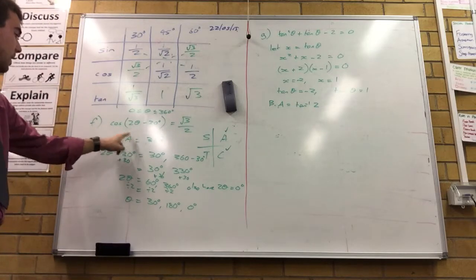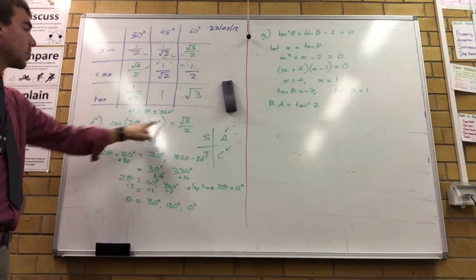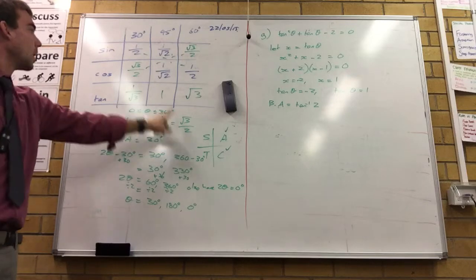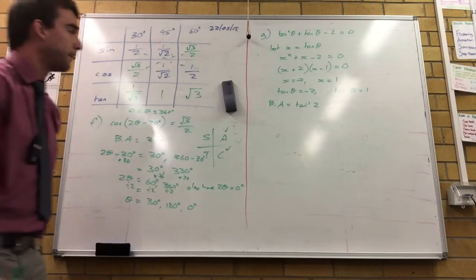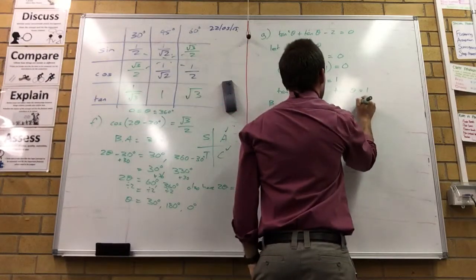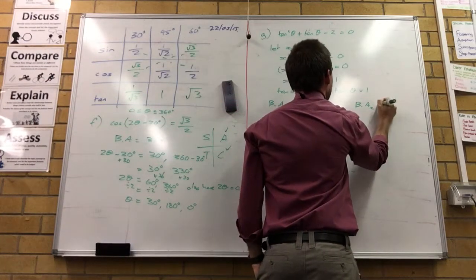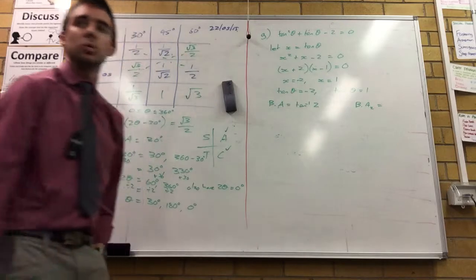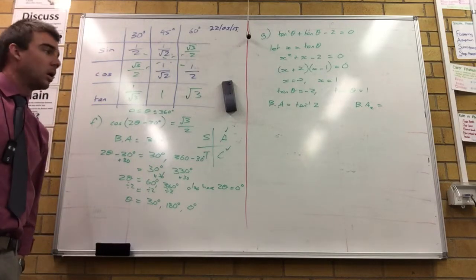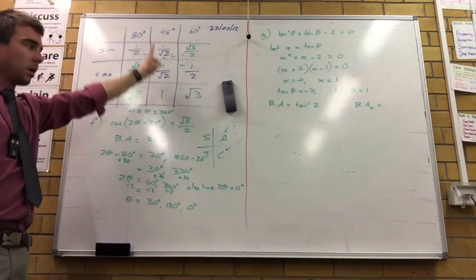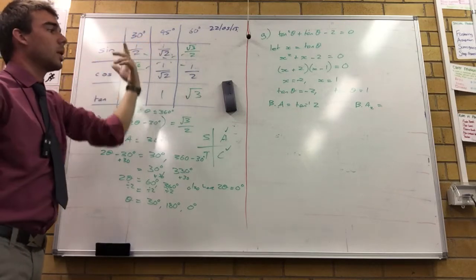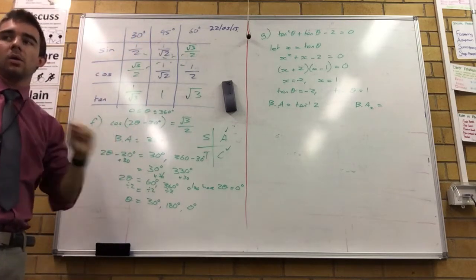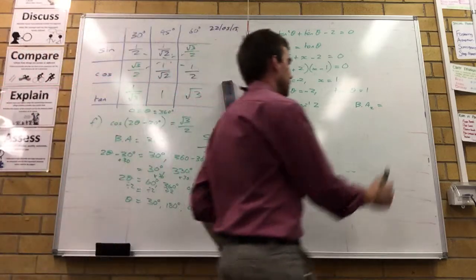When we worked out the basic angle here, we did a cos inverse of root 3 over 2, and we got 30 degrees. Over here, the basic angle number 2, so tan of what equals 1? Tan of 45 degrees. In other words, we go shift tan 1, and we get 45 degrees.